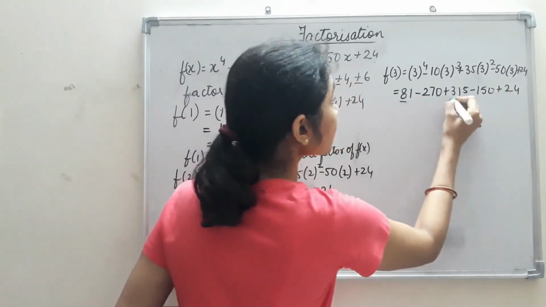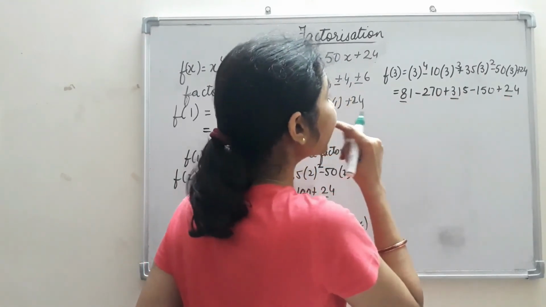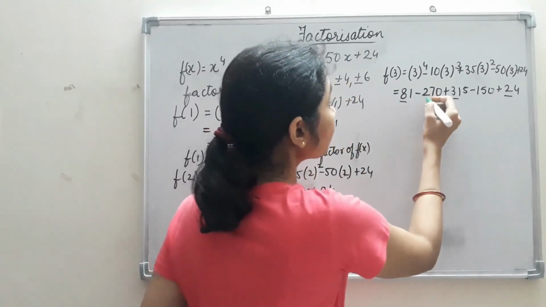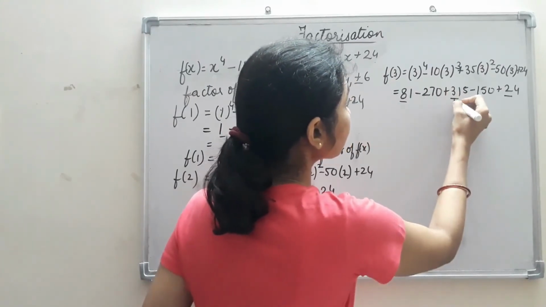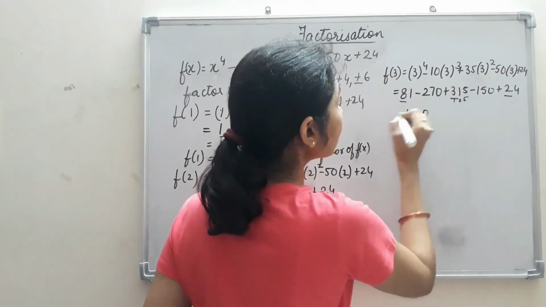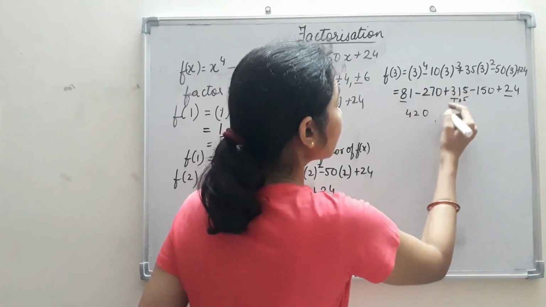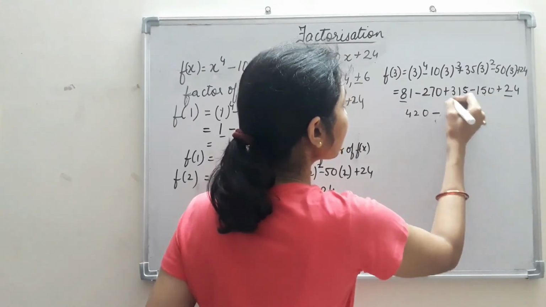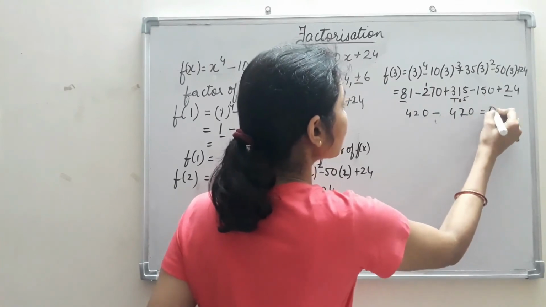Okay, positive, positive, positive. So 81 plus 24 gives me 105. 105 plus 315, that gives me 420. Okay, now here negative, if I add these two negatives, 270 plus 150 gives me 420. 420 is equal to 0.